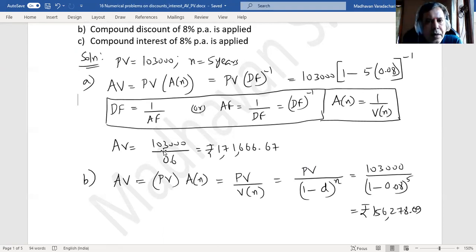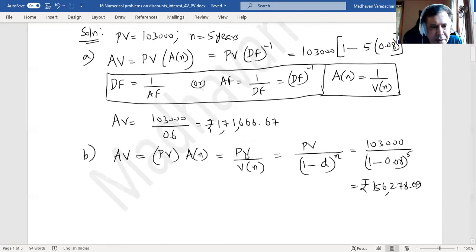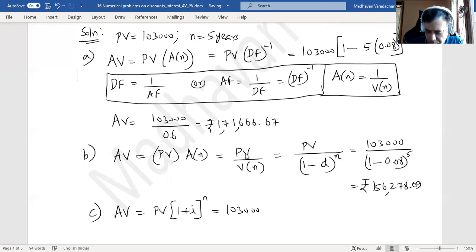Yes. Third one, compound interest. Accumulated value under compound interest is equal to present value times 1 plus i to the power of n. Here it is 103,000 times 1 plus, what is the percentage given? 8% again, to the power of 5.